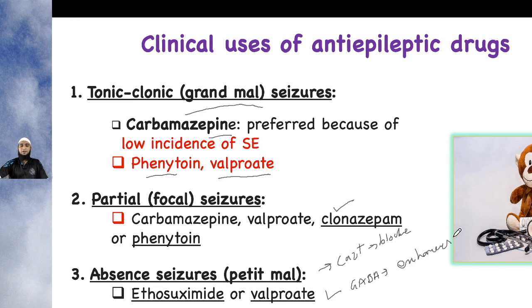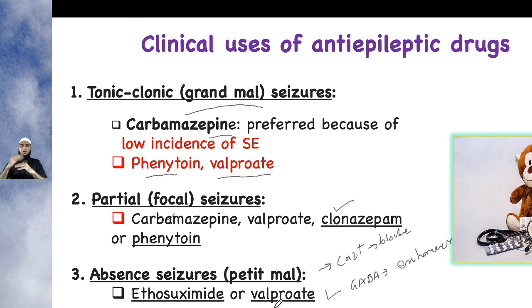Absence seizure is the only seizure which is not controlled by phenytoin, whereas phenytoin is able to control even tonic-clonic seizure and all types of partial seizure. So for absence seizure you need to use a calcium channel blocker like ethosuximide or a GABA enhancer like valproate. So these are the different drugs used in the treatment of different types of epilepsy.